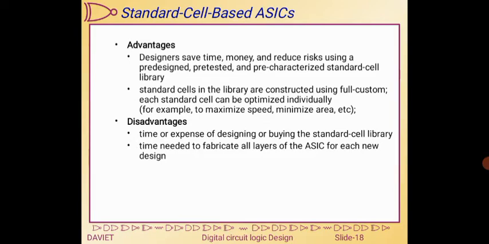So each standard cell can be optimized individually, for example to a minimum area. So we are focusing on minimum area coverage, and also we have to speed up the device. We have to achieve the maximum speed for the device.